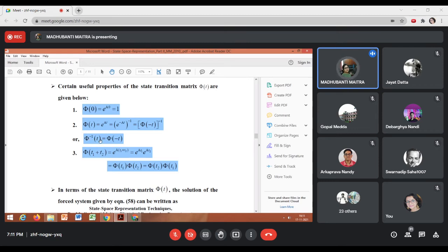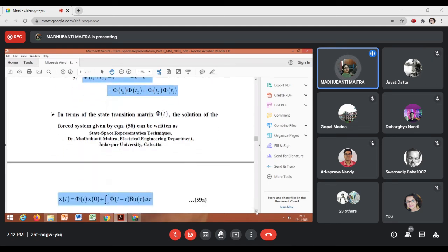And Φ inverse of t will be equal to Φ(-t). You can always verify this. These are very simple relations. And Φ(t1 + t2) will be equal to e^(A(t1+t2)), so that will be e^(At1) into e^(At2). That means Φ(t1) into Φ(t2) or Φ(t2) into Φ(t1).